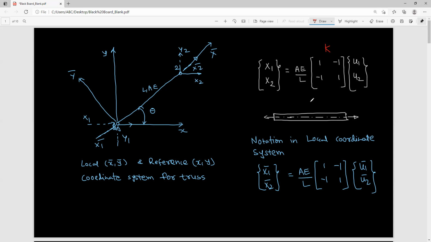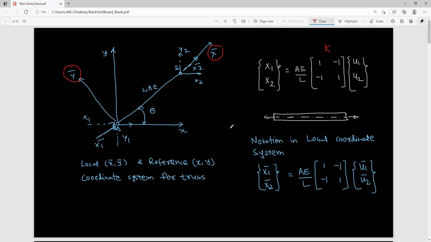As I mentioned, the local coordinate system represents the member's individual axis. Suppose the member is oriented at some angle theta. Let us define the member's individual oriented axes as x bar and y bar. This is the local coordinate axis.